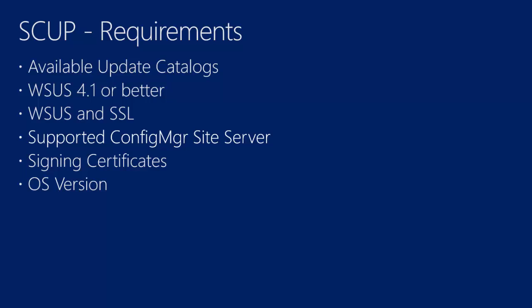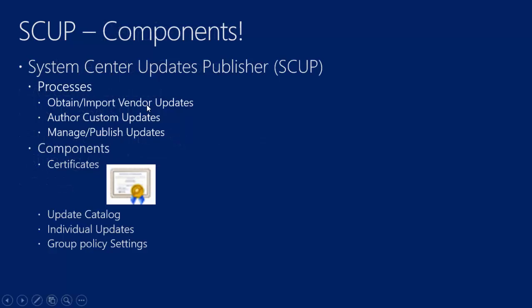To give you a specific, if you're running SCUP on a Windows 10 system and your WSUS or your SUP is running on a Server 2012 R2 system, then you cannot use SCUP from a Windows 10 workstation to publish to WSUS SUP on a Server 2012 R2. They have to match in terms of OS version. All right? Okay.